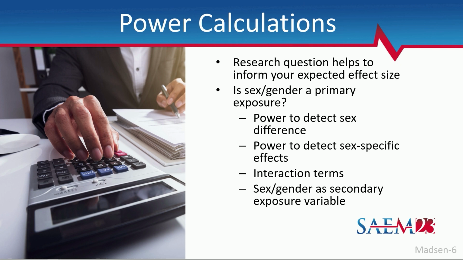There are some schools of thought that you can relax the type 1 error with interaction terms. So we typically say p less than 0.05 is significant, but there's some thought that you can relax that to a p equals 0.1 if you really want to be sure to detect a difference between sexes.